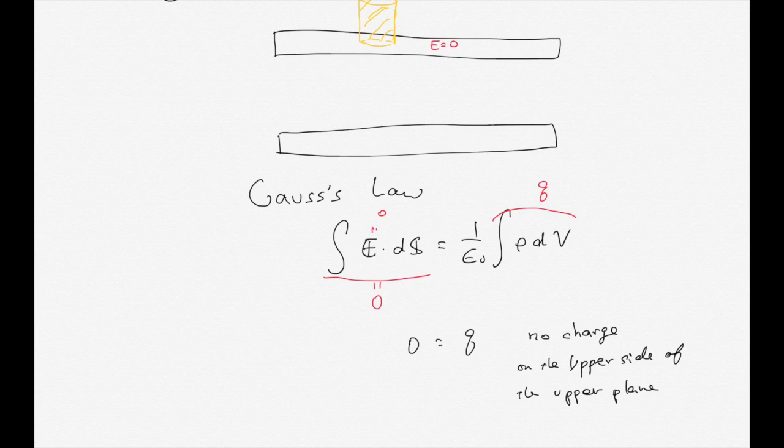From this result, we discover the positive charge is located on the lower part of the plate. Also, we could apply the same thing to discover that the negative charge is located on the upper side of the lower plate.